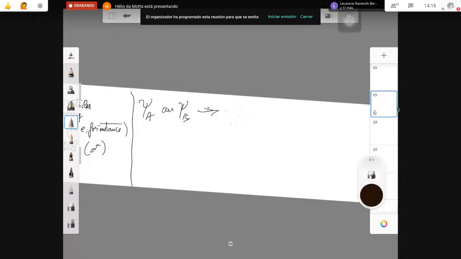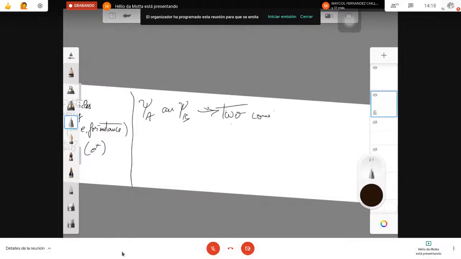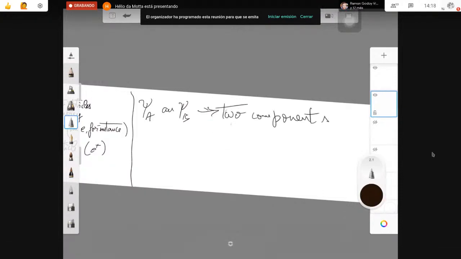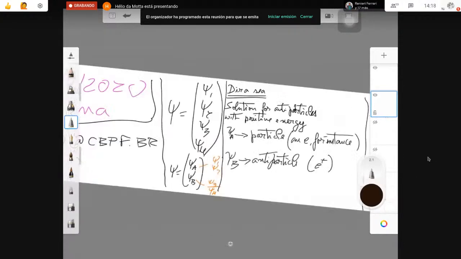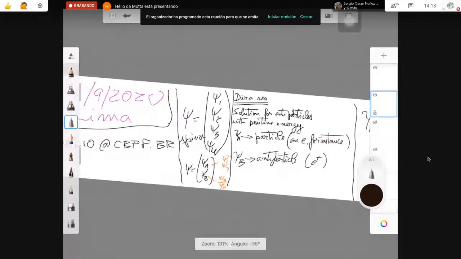They are two components. So they are themselves spinors. So the phi here is a spinor. It's basically a wave function with four components. Okay, and now we have organized these four components into two components, and each one of them is by itself a spinor.